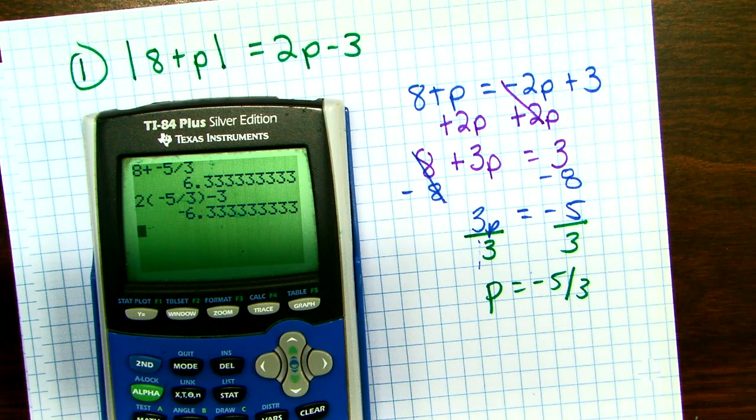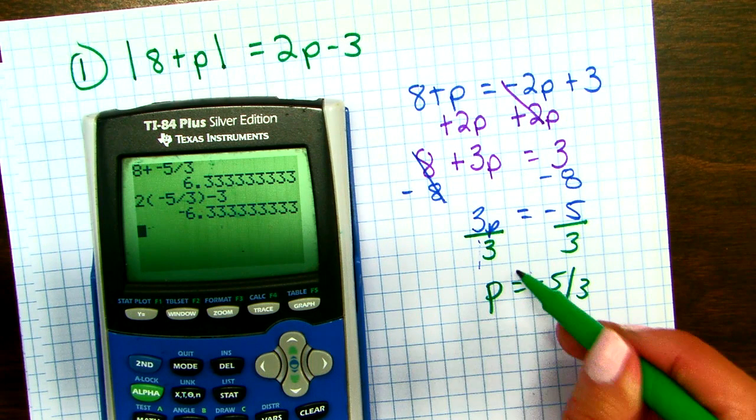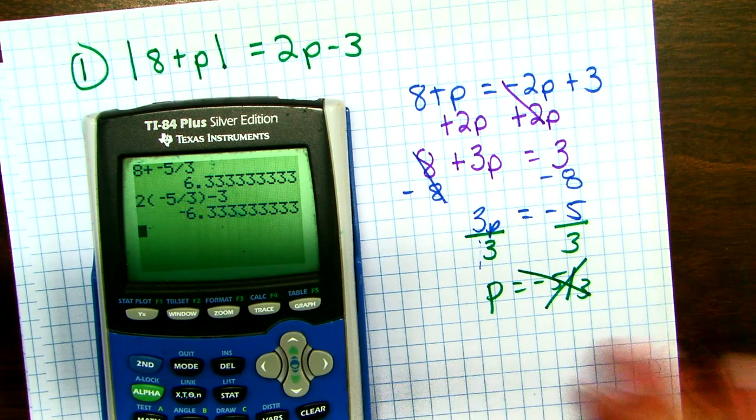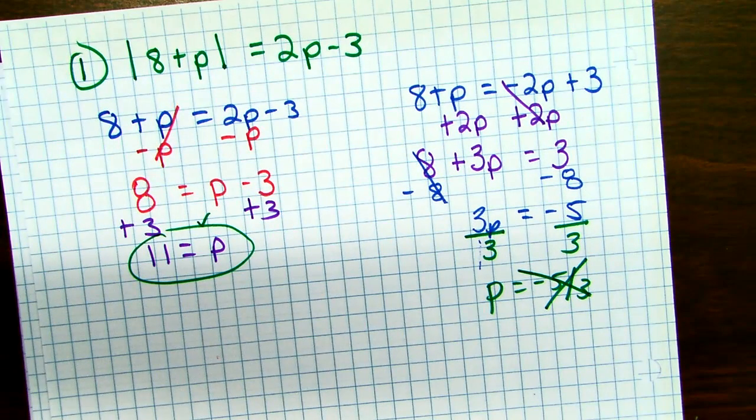Did I get the same answer? No. So this one is not a solution. It's called extraneous. It's bad. We didn't do anything wrong. It just doesn't work in the equation. Okay? That's why you have to check. If one of them's positive and one of them's negative, they're not the same. Okay?